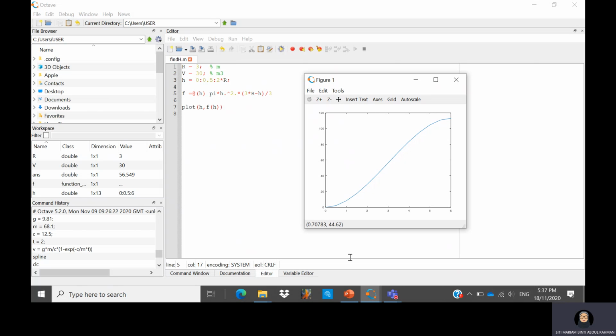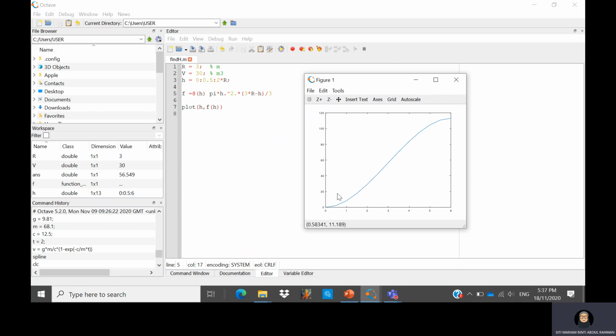So the question asks, what is the value of H if you have a volume of 30 meter cubic? If you look at the graph here, you have to look at the value of 30, and from there, that's the value of H, the depth of the water.